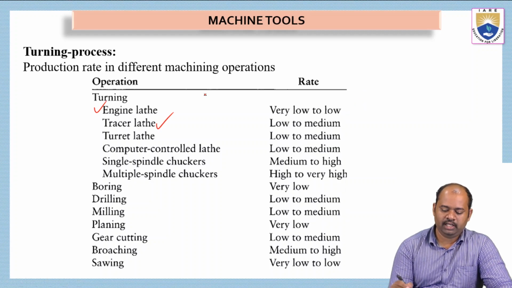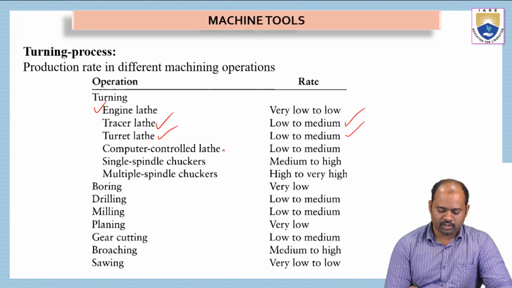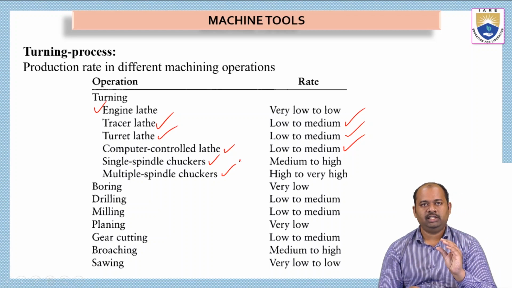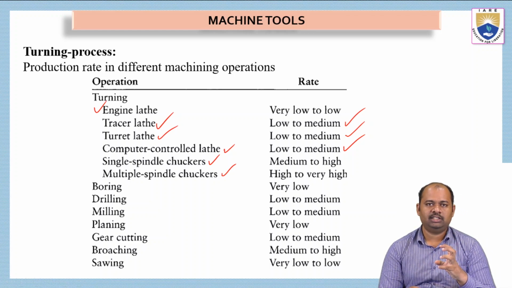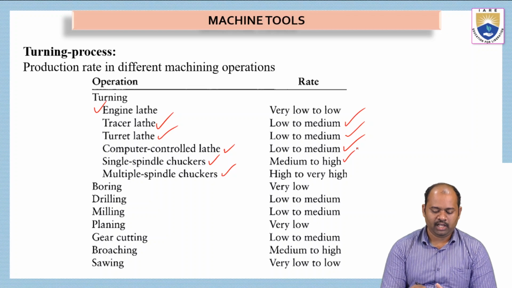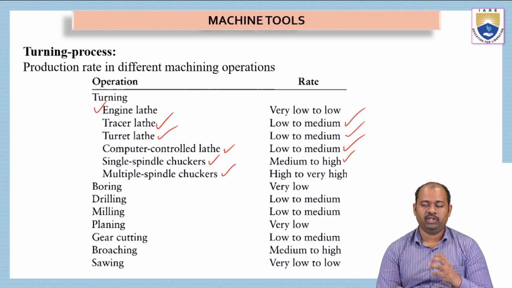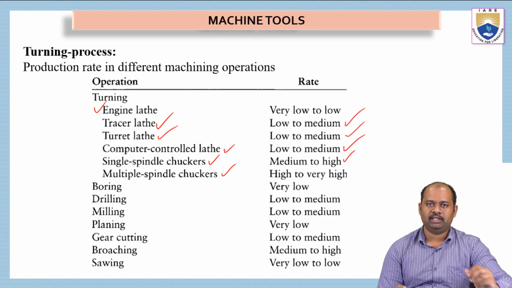In the tracer lathe, it is low to medium, turret lathe low to medium, and computer controlled lathe also low to medium. And then we have single spindle chuckers and multiple spindle chuckers. A single spindle chucker is a single spindle attached to the headstock, where we can get medium to high speeds of the turning process. When we have multiple spindles attached to the headstock, we can do this process very fast. We can remove more metal in less time.